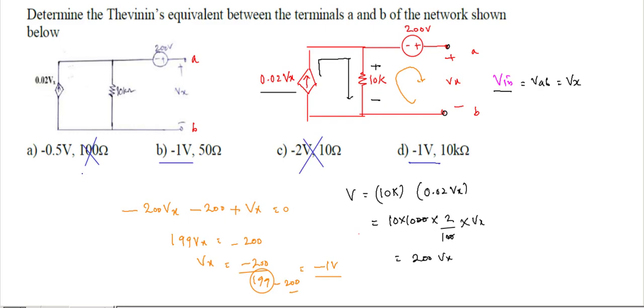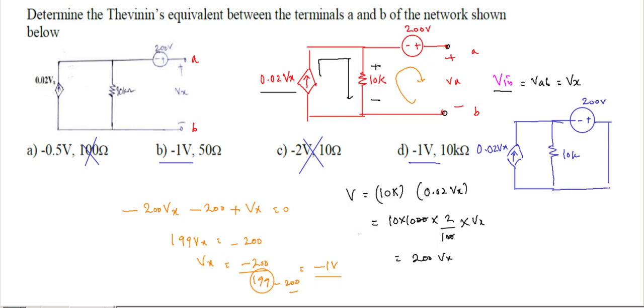So I want to find RTH. Simply what I do here is, you see here, this is 0.02 Vx and you have a resistance of 10 kilo ohm here. I short circuit this, and the minus plus 200. I want to find short circuit current.